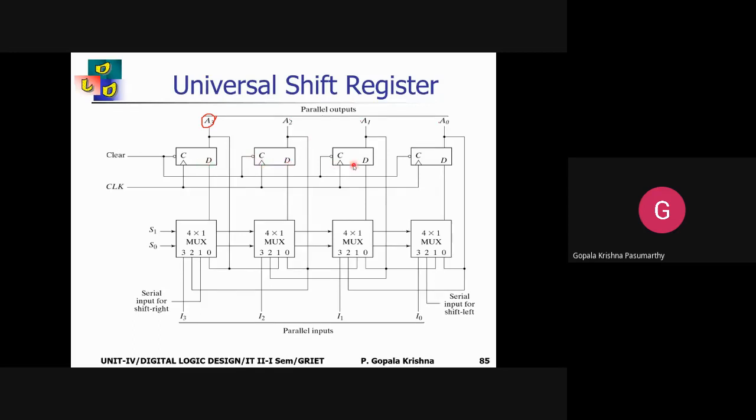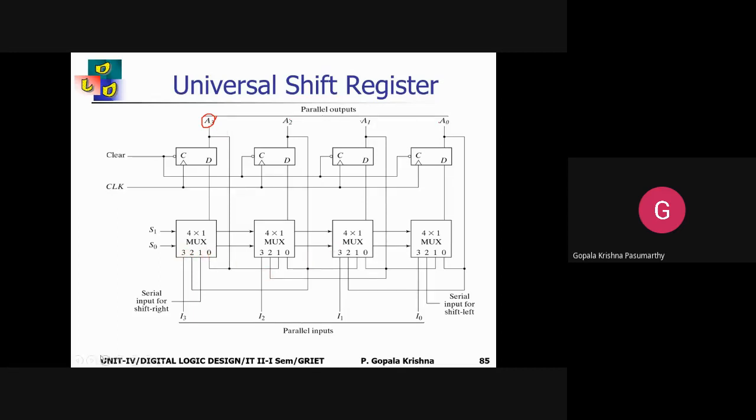The D inputs are connected to the outputs of the multiplexers. All flip-flops' D inputs are connected to the multiplexer. The multiplexer receives 4 inputs: the 0th, first, second, and third inputs, connected to different lines.